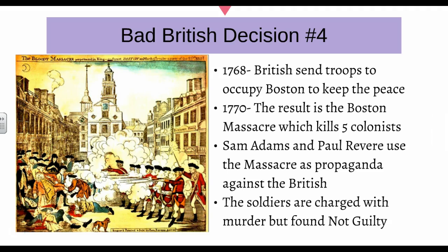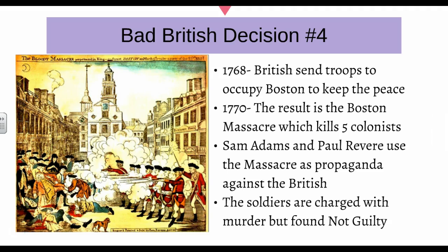This is a big mistake on the part of the British, because when the soldiers arrive, the colonists, the Americans, are very resentful of it. And instead of keeping the peace in Boston, it raises the tension level, and things get out of hand. 2 years after the soldiers arrive, in 1770, something called the Boston Massacre happens.